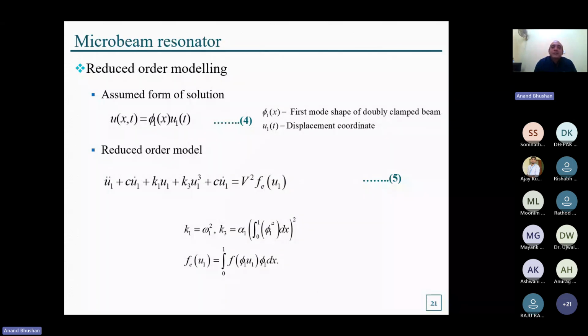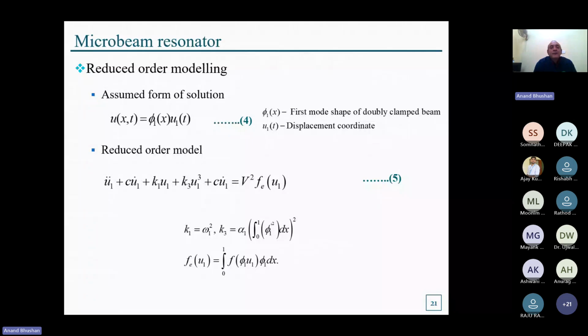Phi1(x) is the first mode shape of a doubly clamped beam, and it is a standard function, pre-known to us. The next thing is the modal displacement coordinate U1(t).